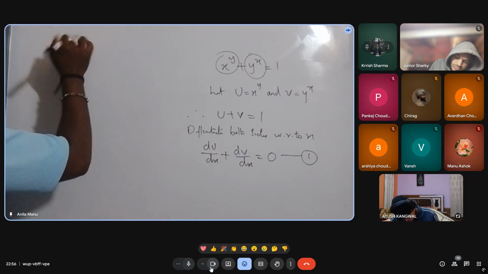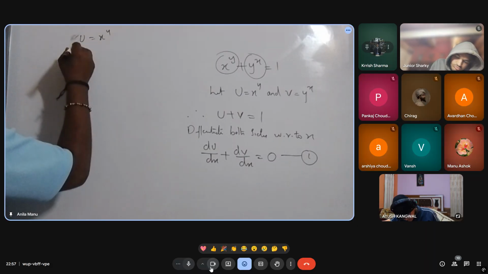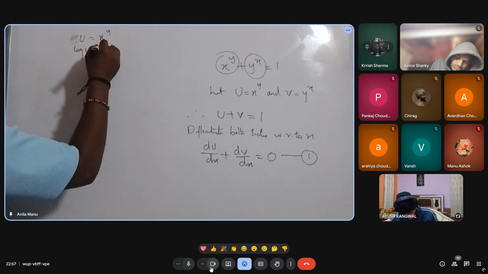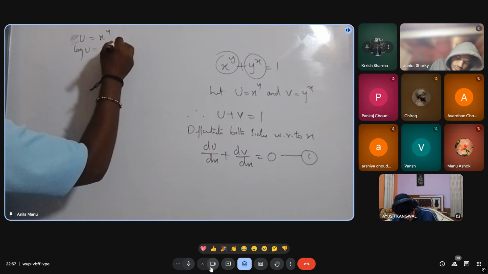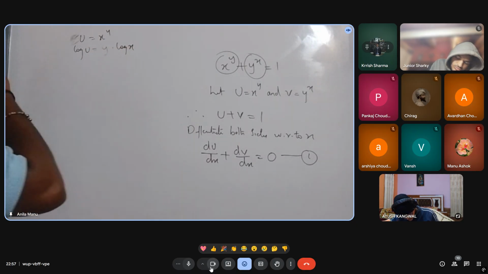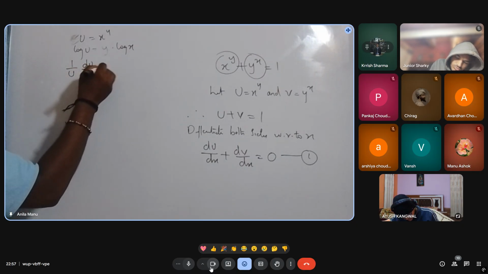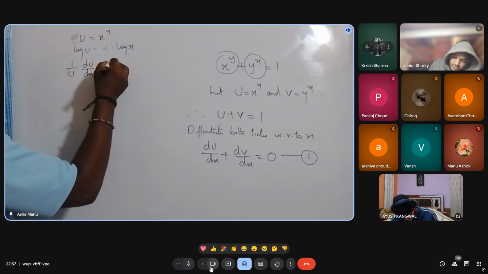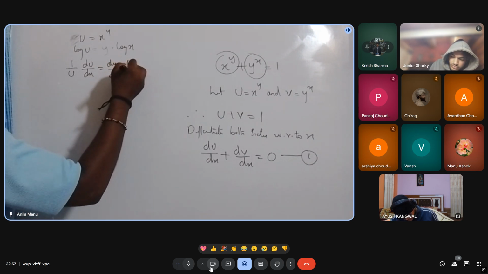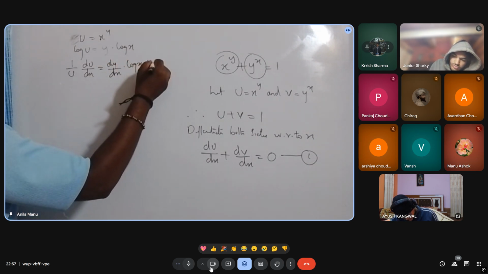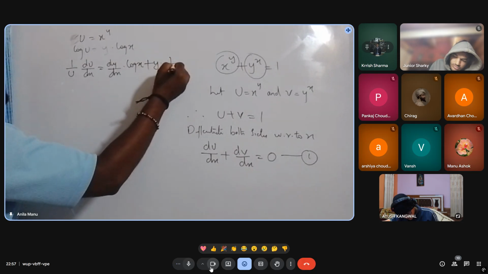First, u is equal to x raised to y. Log u is equal to log x raised to y, that is y log x. Differentiating both sides with respect to x, 1 by u du by dx is equal to, by product rule, derivative of y, dy by dx, into second function log x, plus first function y into derivative of log x, 1 by x.